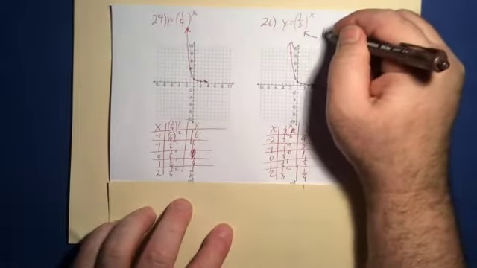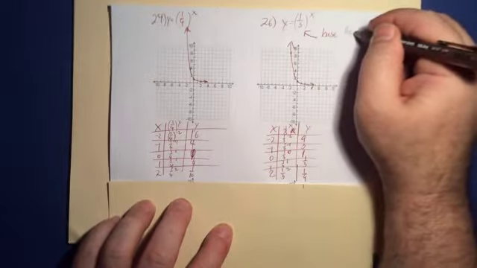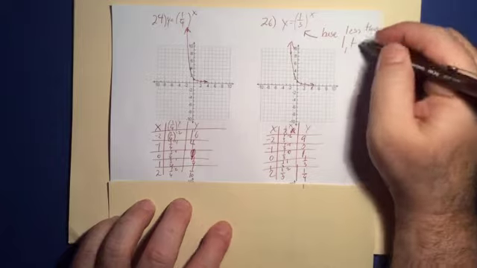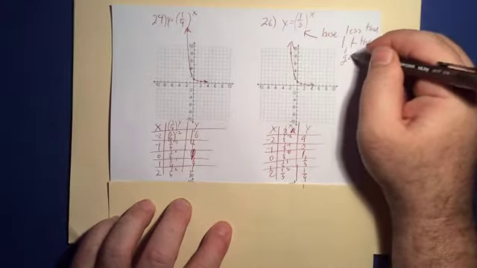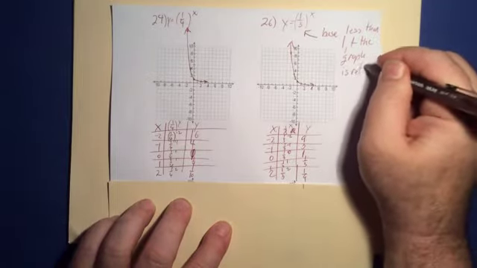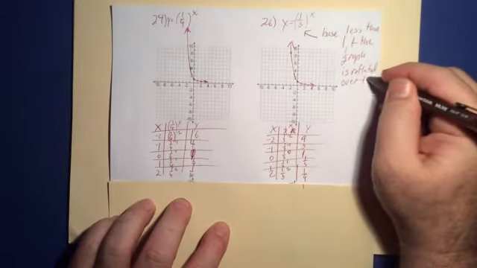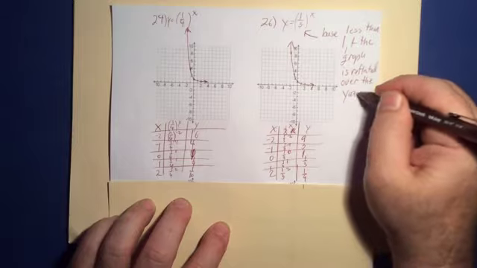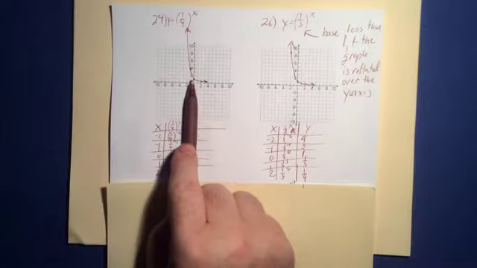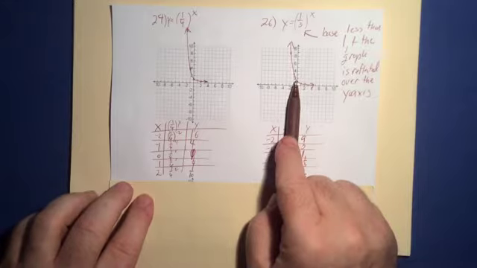When the base is less than 1, the graph flips, or is reflected, over the y-axis. So what you see here would be the reflection of 4 to the x, and this would be the reflection of 3 to the x.